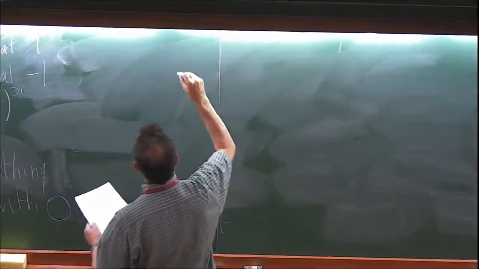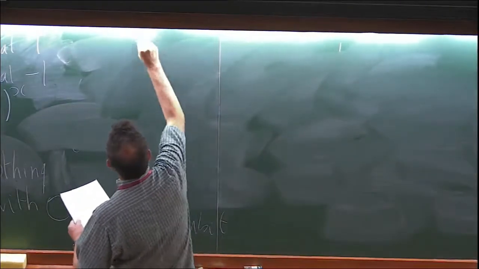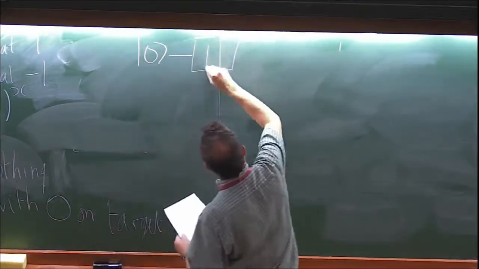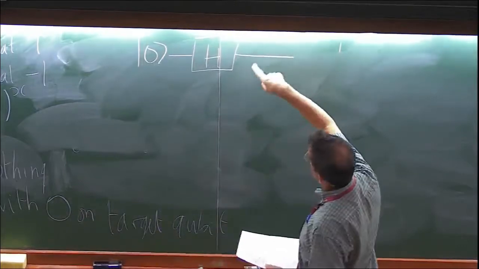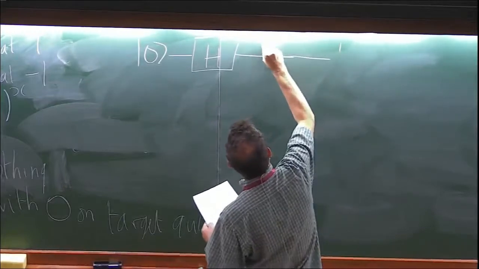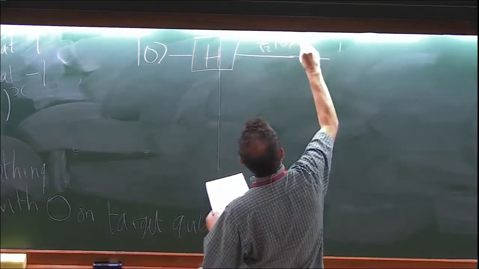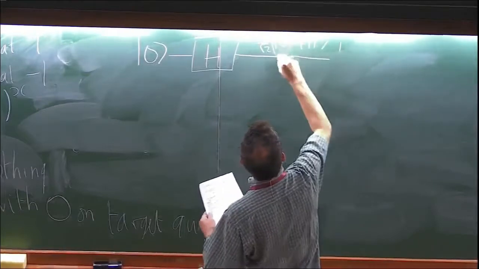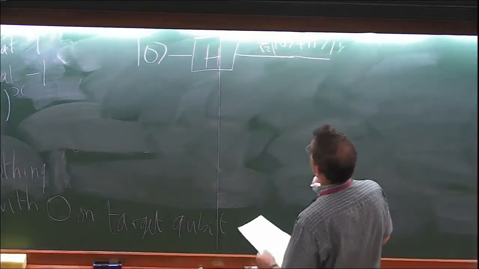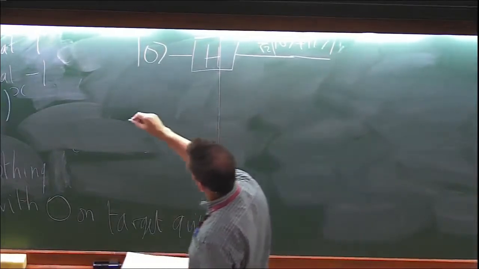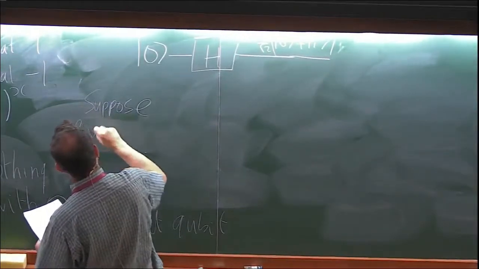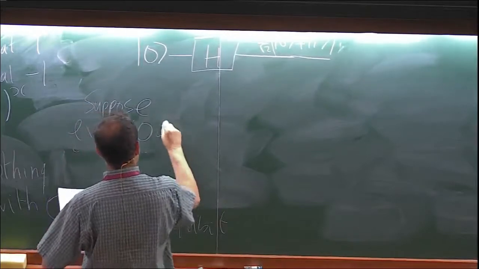Okay, so what is the state of the ancilla qubit here? It's 1 over root 2, (0 plus 1). And let's suppose first of all the eigenvalue of O is +1.